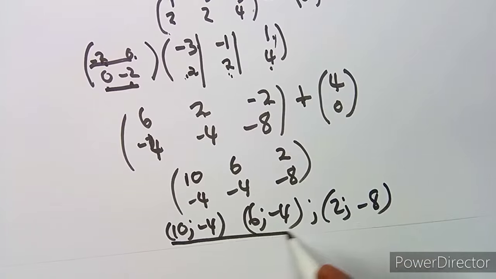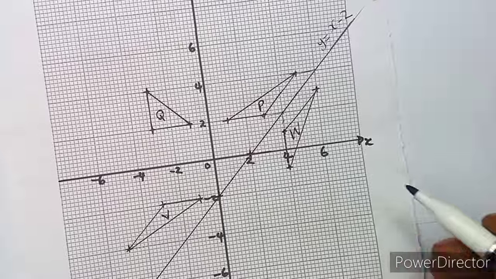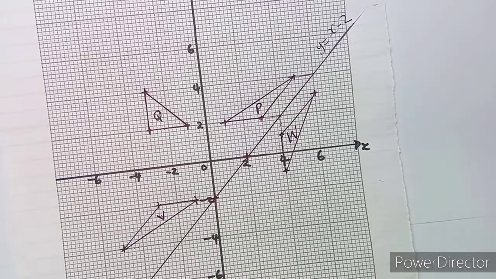Then you mark these points now. Let's see where we are going to have the point (10, -4). According to the scale, guys, this is not going to work. It's not going to work because the scale and the graph that we have is actually out of the scale.